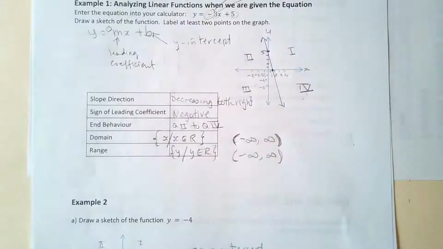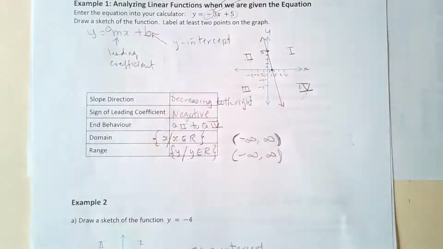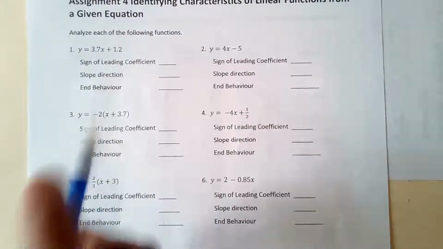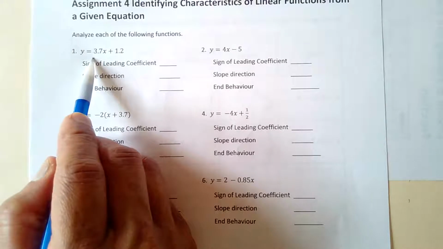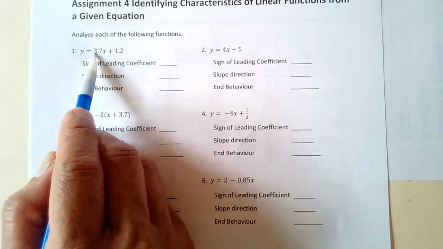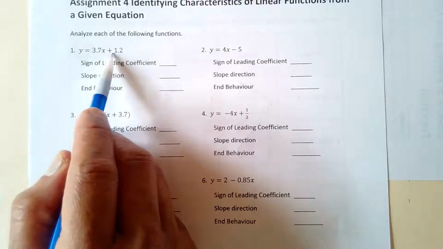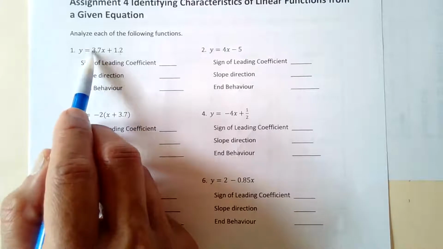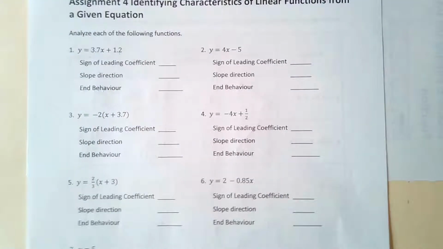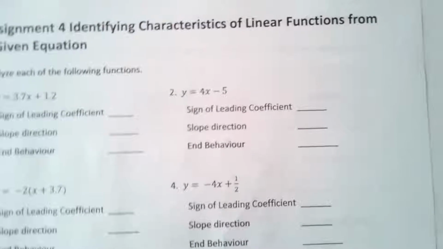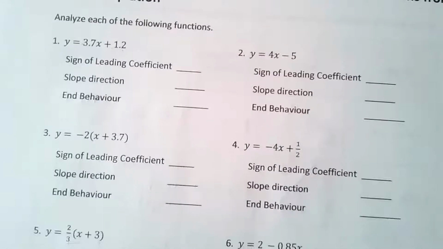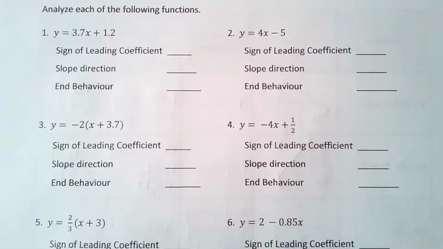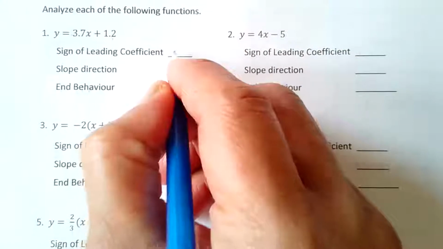What we will do is input the equation into our calculator to verify our knowledge of it. So let's look at the first one. Here we look at y is equal to 3.7x plus 1.2. Now, the sign of the leading coefficient here is positive. Generally, a positive sign is not indicated by convention, so we can say this is positive here.